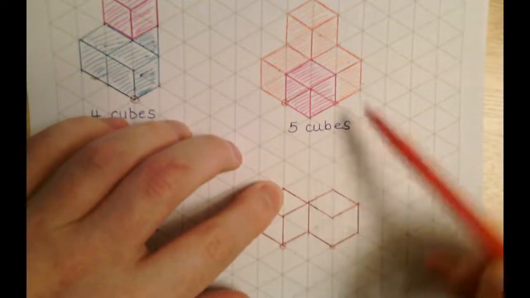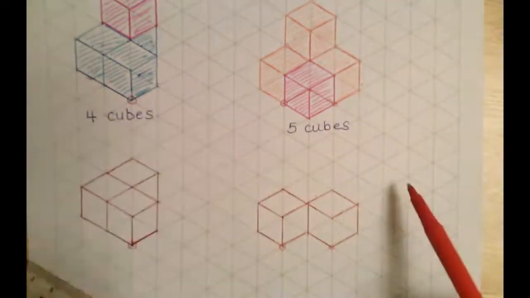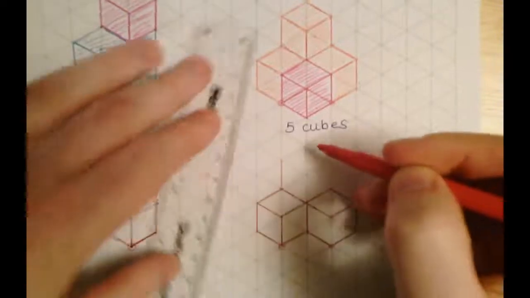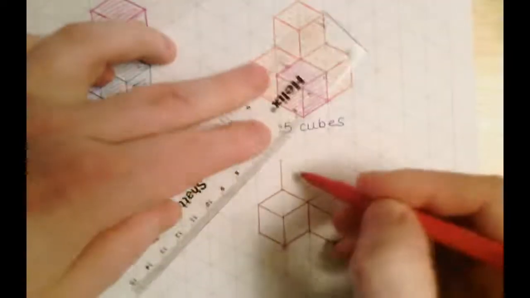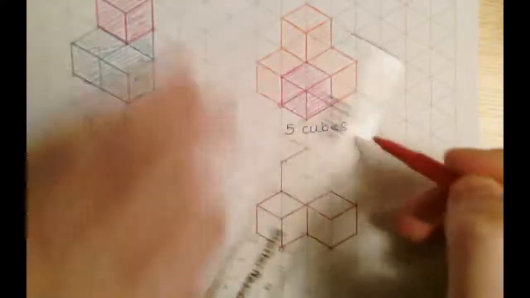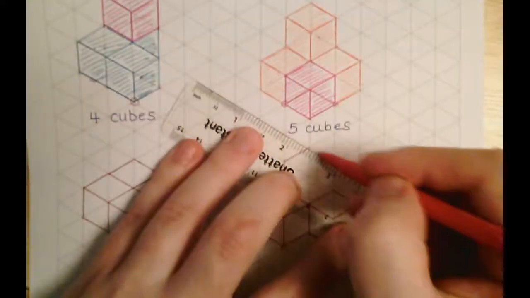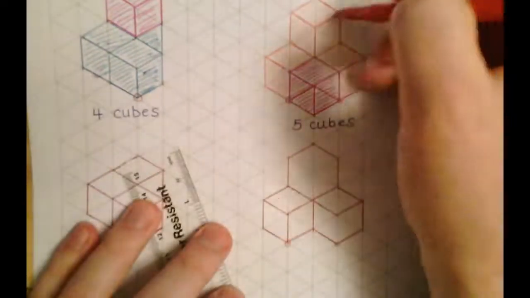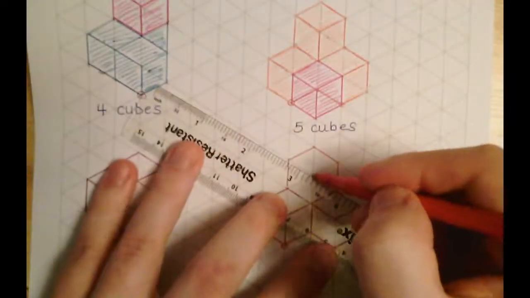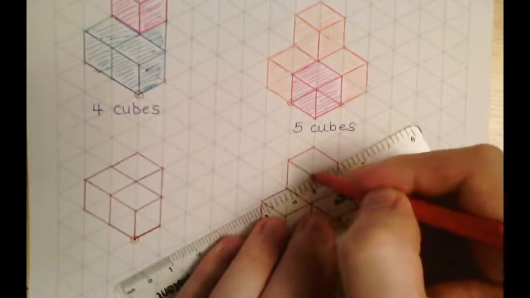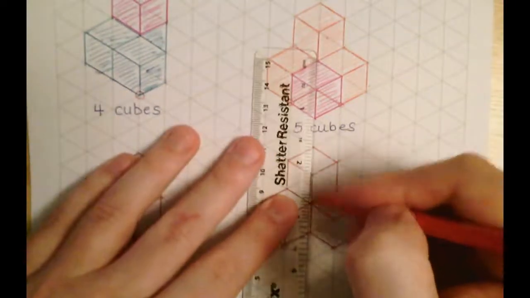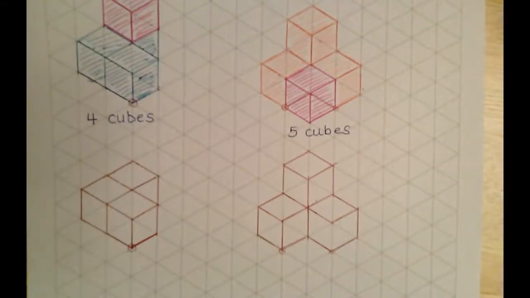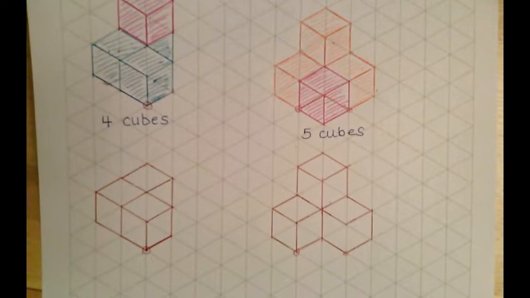Otherwise, the cube that is on top would just fall straight back down. So, that bit, this bit, this bit. This part is there. And again, make it look like a cube. And that's your final answer.